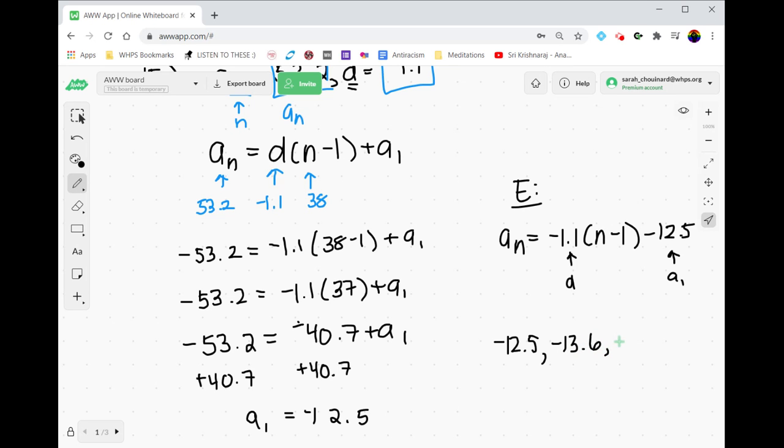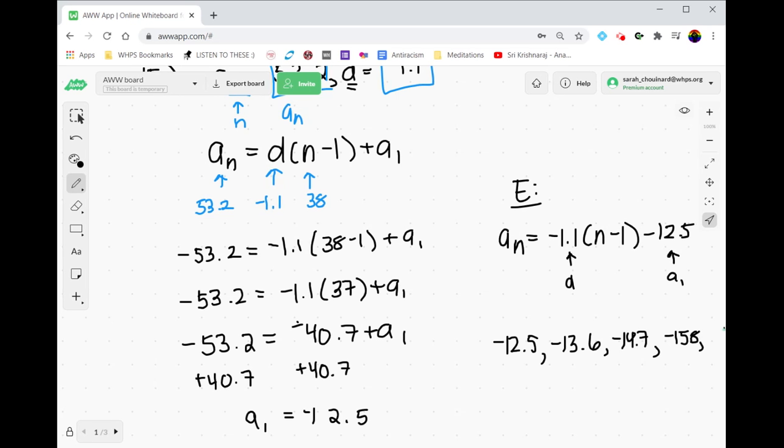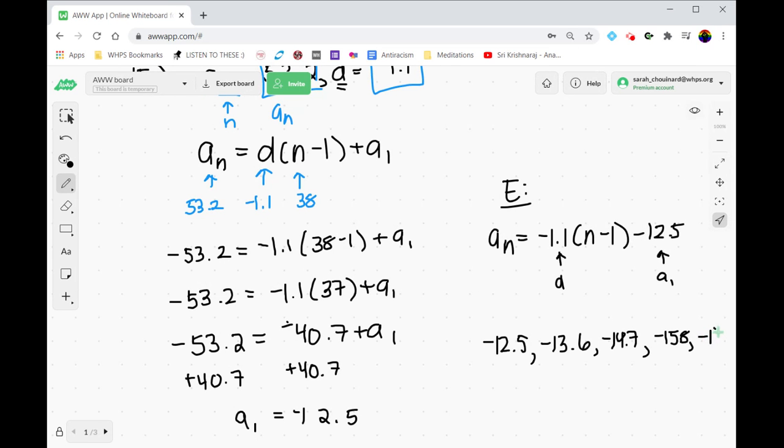So negative 13.6 comes next, then negative 14.7, then negative 15.8, and finally negative 16.9. So that's how we do number 15. When we don't know a sub 1, we plug in to find it, and then we just replace the values in the explicit rule.